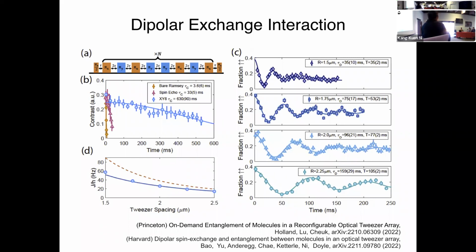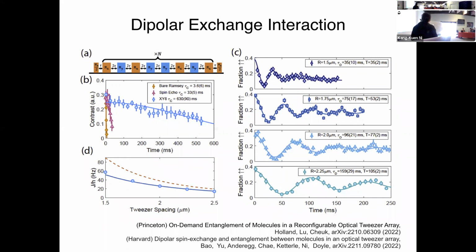And because the trap frequency is faster than this kind of time scale, the thermal motion essentially averages out, and therefore you eventually have sort of motional rephasing in a way, so you don't have to worry about the position.